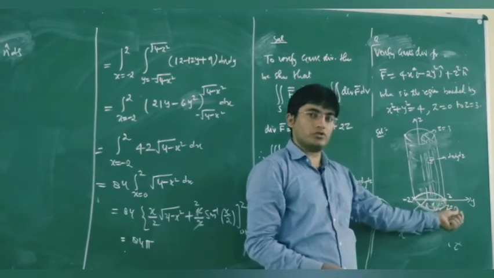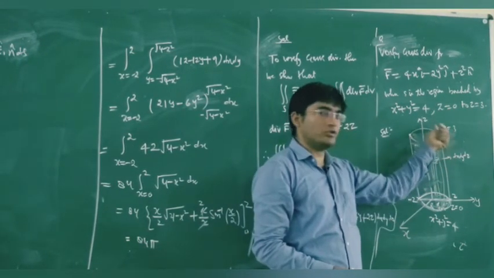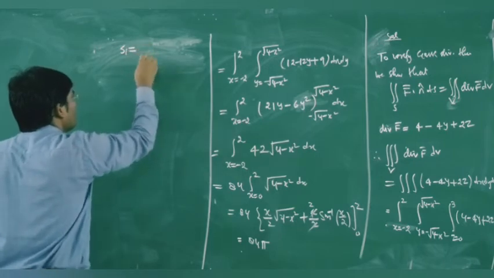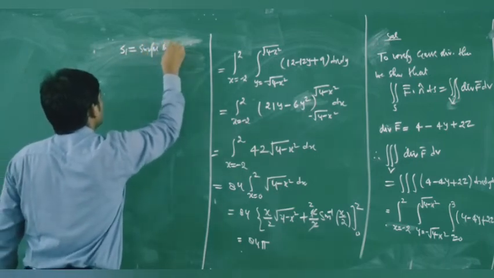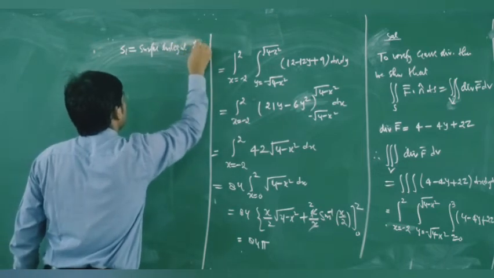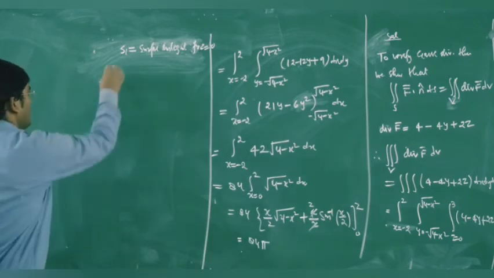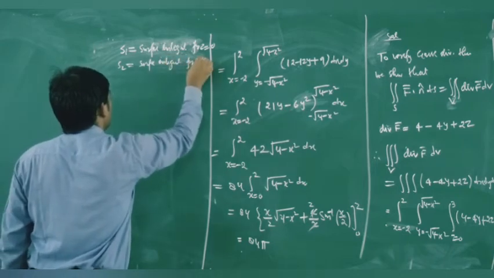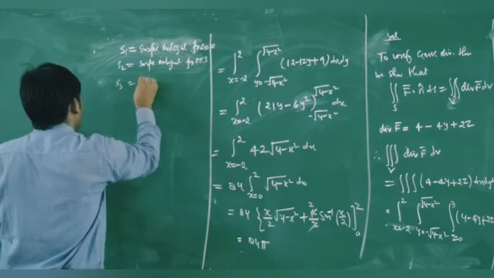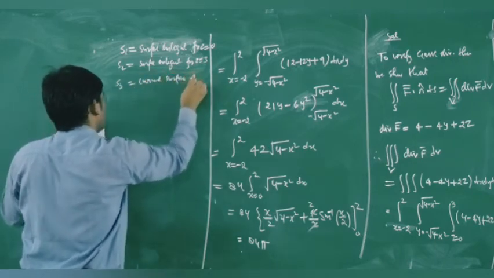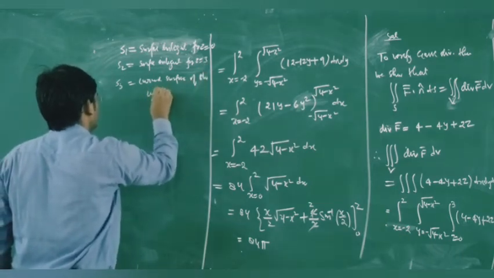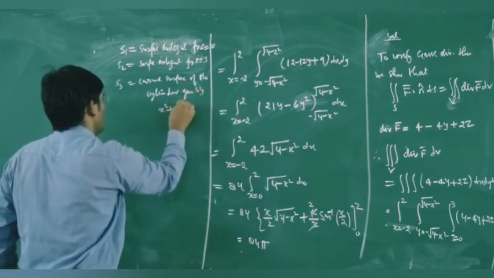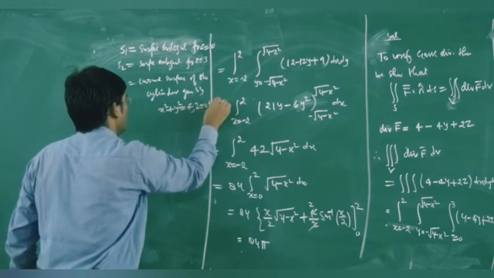One is the circular surface for z equal to 0, another is the circular surface for z equal to 3, and then the curved surface. Say S1 is the surface integral for z equal to 0, S2 is the surface integral for z equal to 3, and S3 is the curved surface of the cylinder given by x squared plus y squared equal to 4, from z equal to 0 to z equal to 3.